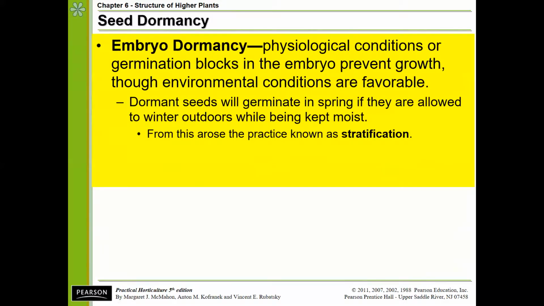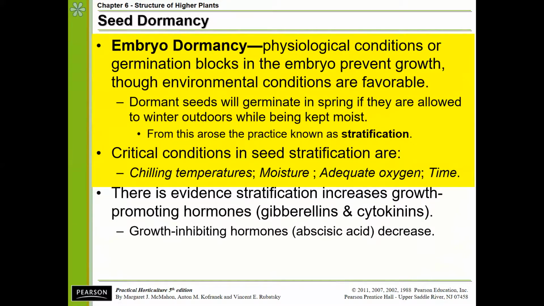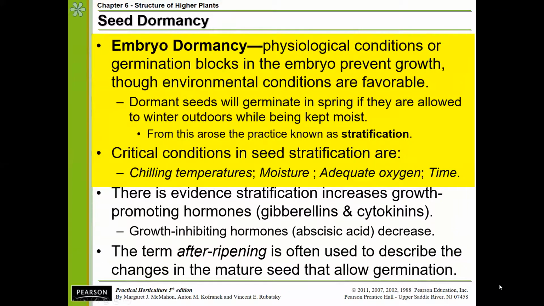We also have stratification, and that's important, especially for native temperate plants. Stratification is usually a longer period of time where you're exposing the seed to a cool and moist environment. Of course, you still have to have adequate oxygen, so you don't want to stratify seeds in water, for instance.